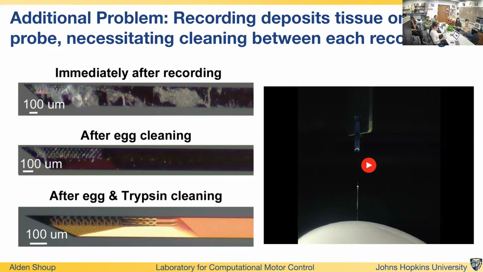There's a few different kind of accepted methods, but we actually had a way of doing this that originated before I got into this lab as a way to remove fibers from a curtain that was adjacent to our recording chamber. And basically what was suggested to us and what we figured out worked was to penetrate the probe into a hard-boiled egg, and that would remove the physical gunk from the probe, and then it would be clean.